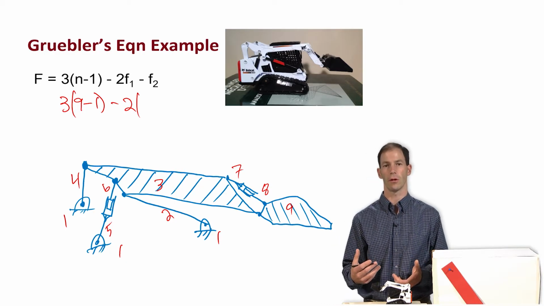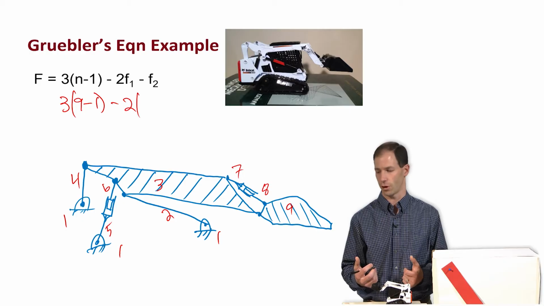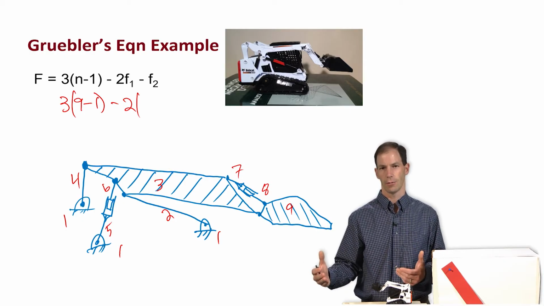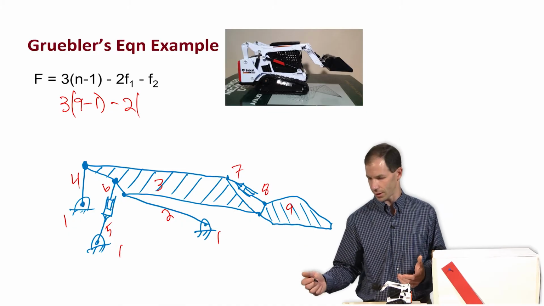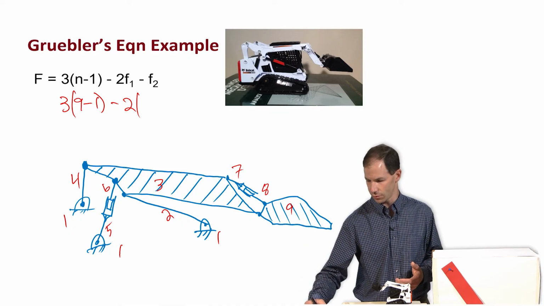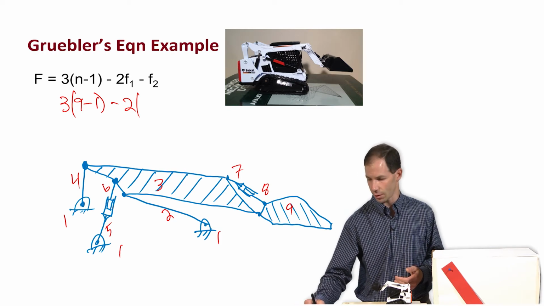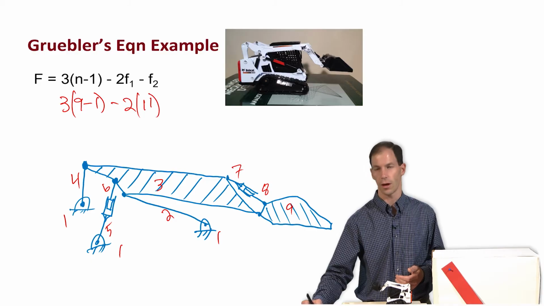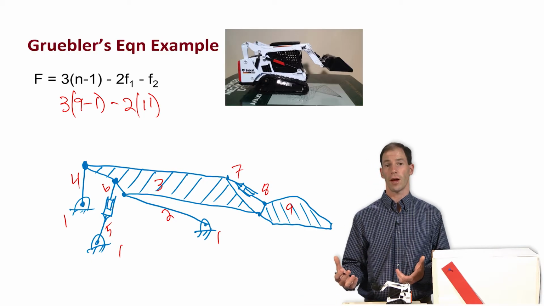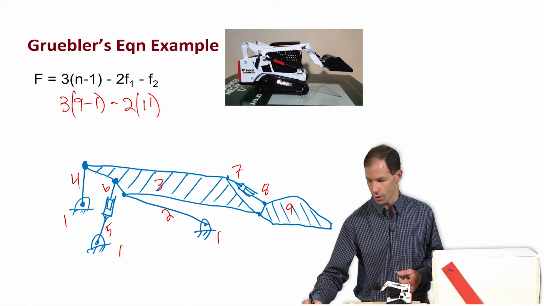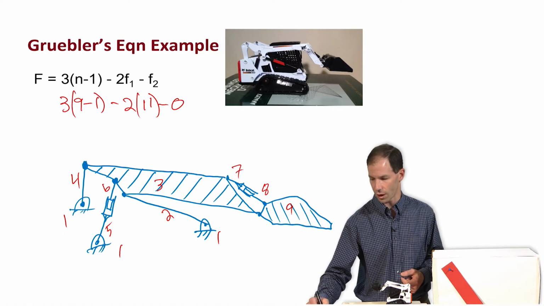So these would be the pins or the slider joints that I have. If you remember, I added all the way up through K. Well, that is 11 if I count correctly. So I've got 1, 2, 3, 4, 5, 6, 7, 8, 9, 10, 11. So 2 times 11. And then I subtract off 1 for every half joint I have. Now in this case, I don't have any roll-slide pairs, so I have 0 half joints to subtract off.